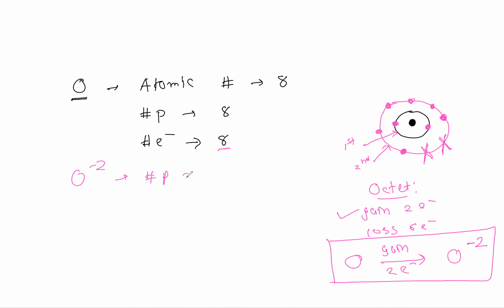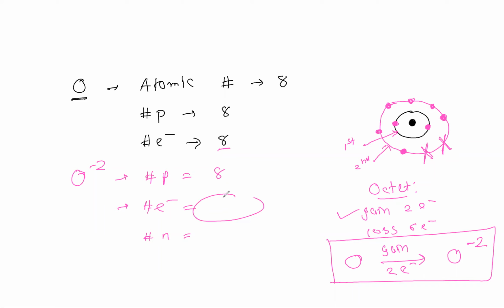So again, I'm just going to point this out one more time just to make sure that you know this answer. Let's say I give you the O^2- symbol and ask you the number of protons. Remember it is the same as the element, so 8. What is the number of neutrons? We don't have to find out right now, but it is again the same as the element.